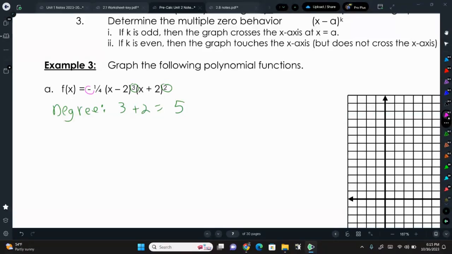Our leading coefficient is negative, so that means our graph will go up to the left and down to the right because we have an odd degree with a negative leading coefficient. So as x approaches negative infinity, y approaches positive infinity, and as x approaches positive infinity, y approaches negative infinity.